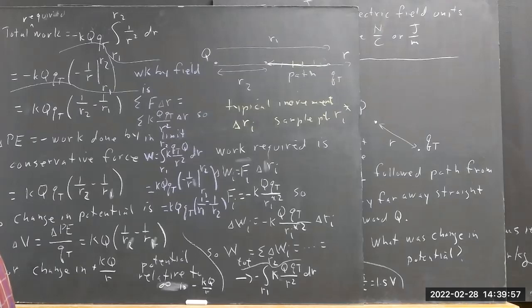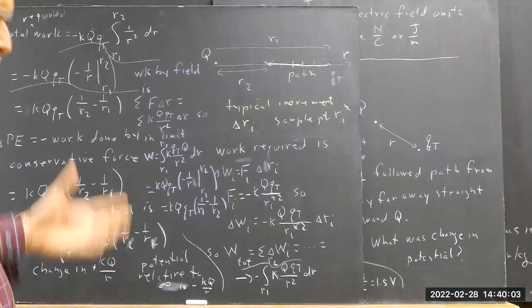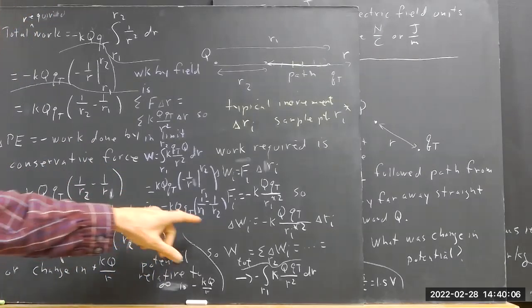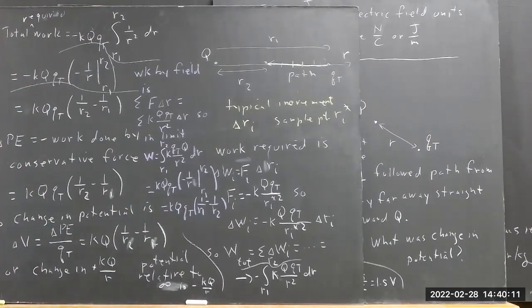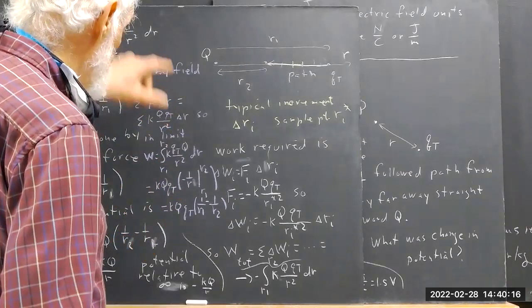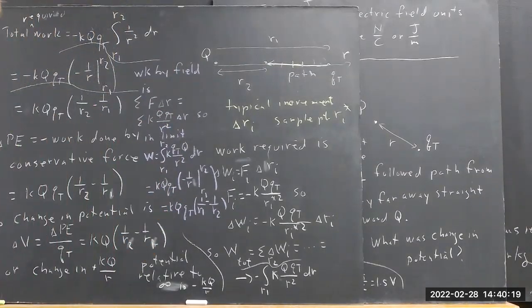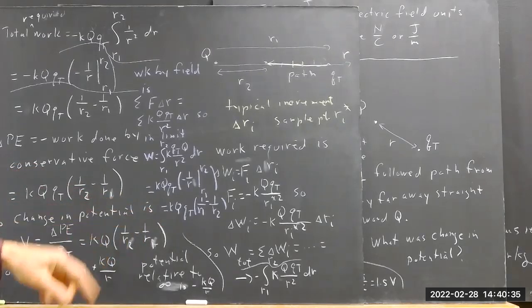Looking at this, I think I'm seeing the same things I'm doing here. Whatever I did to get this turned around is superseded by this definition. I'm looking at the change in potential energy. The change in potential energy is the negative of this, which is this.